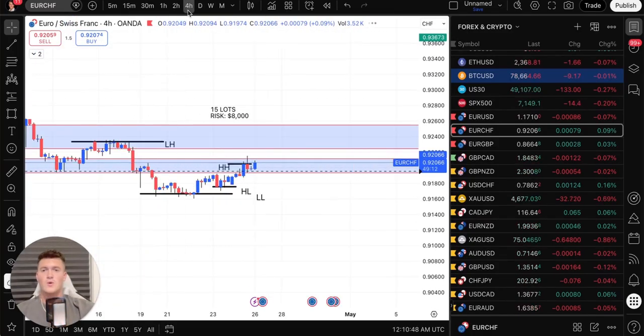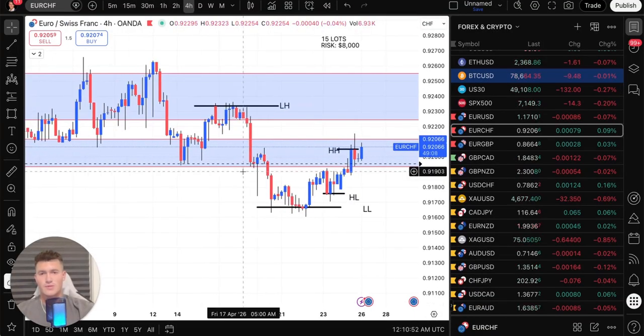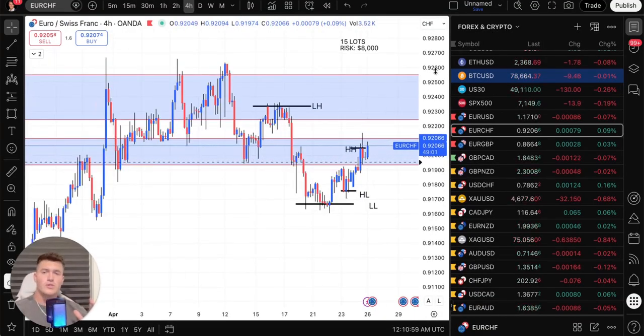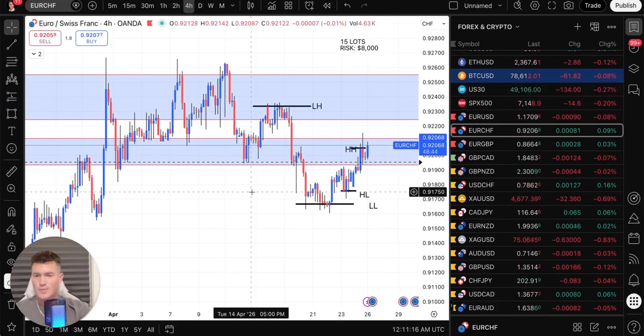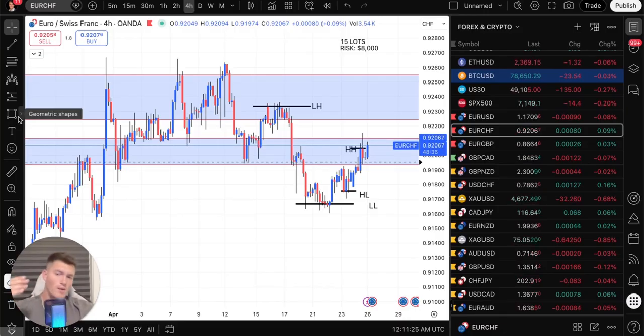And we can even go in and look and see our 4-hour areas of interest. I don't like doing 4-hour areas of interest only because they're not as strong nor respected as our daily and our weekly. So I don't typically do them. I will use 4-hour areas of interest if I am maybe trying to scale into a position.